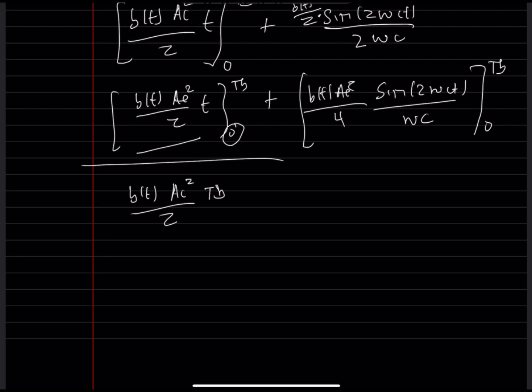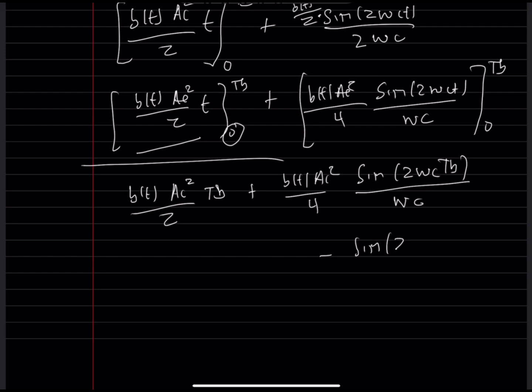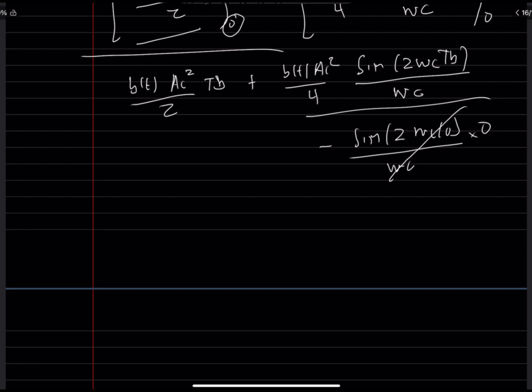Then plus B of t A_c squared over 4 sine 2 omega_c T_b all over omega_c, minus sine 2 omega_c multiplied by 0 over omega_c, also multiplied by the constant. But sine 0 is 0, so obviously this one goes to 0. Now we are left with this aspect.